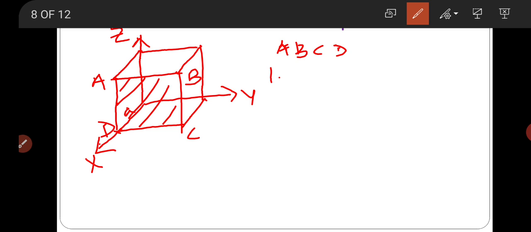And when a plane is parallel to an axis, the intercept is considered to be infinity. So what are the intercepts for this plane? Along x, we can write 1a, then it is parallel to the y and z axes.